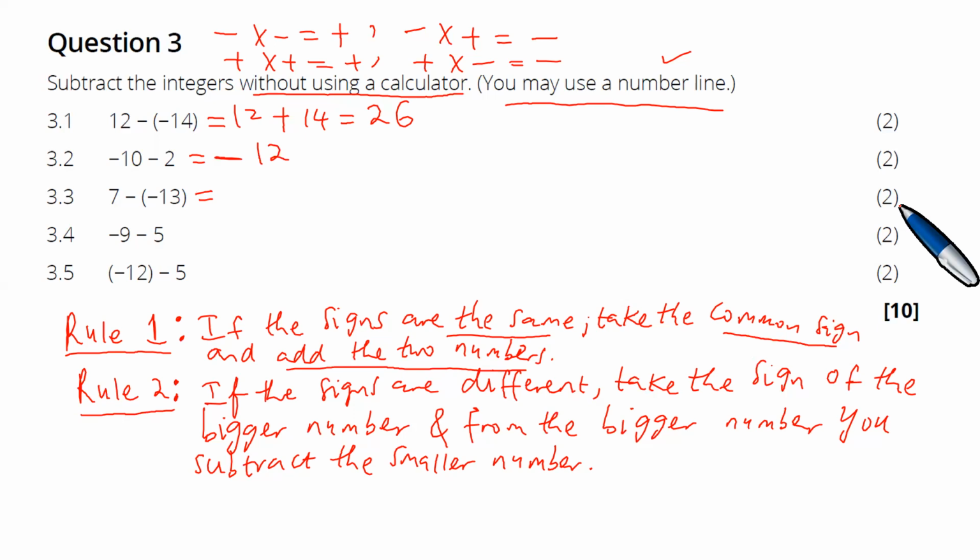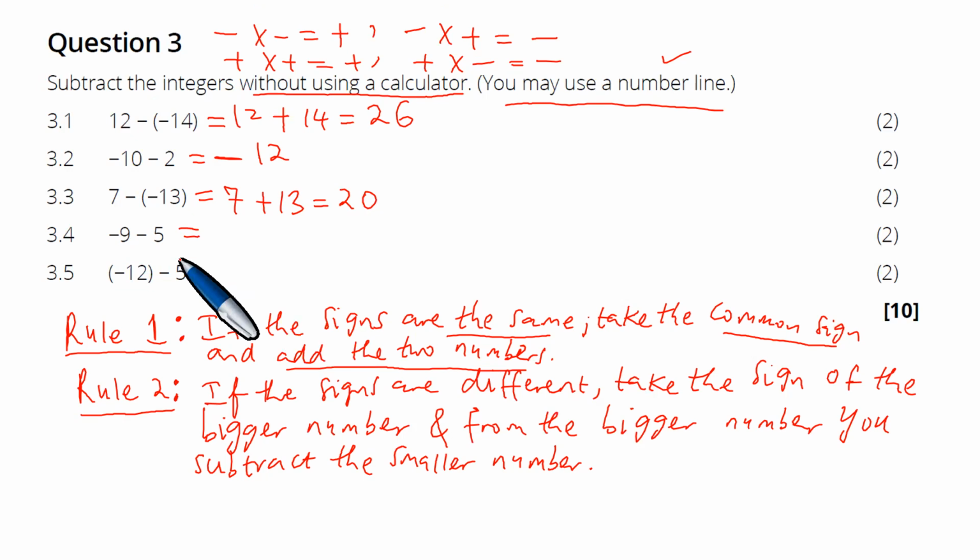It is 20. Well done. Because first we must multiply negative by negative. Negative times negative is positive. Then you have 13. What is 7 plus 13? 20. Right, so nothing to do there.